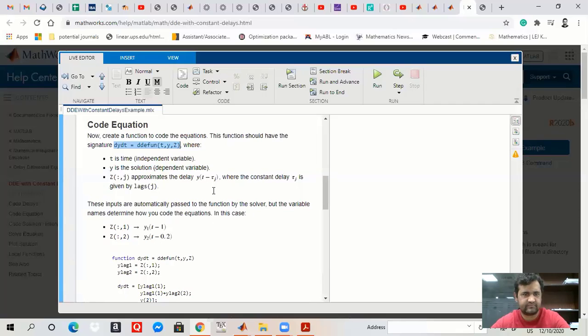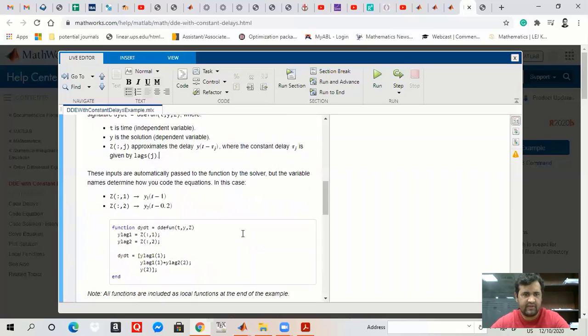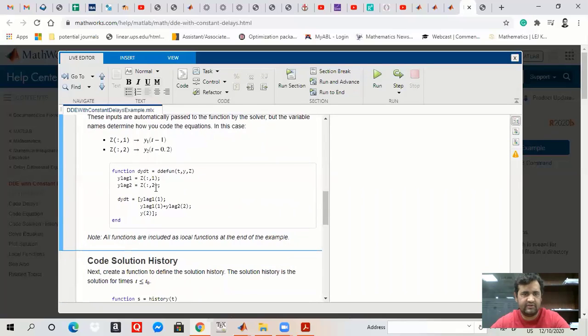For instance, here I have two delays, in these terms y1 and y2. Delays are 1 and 0.2. The first one, 1, is corresponding to y1, and the other one, 0.2, is corresponding to y2. And then you just look at the nature of your given delay differential equation.